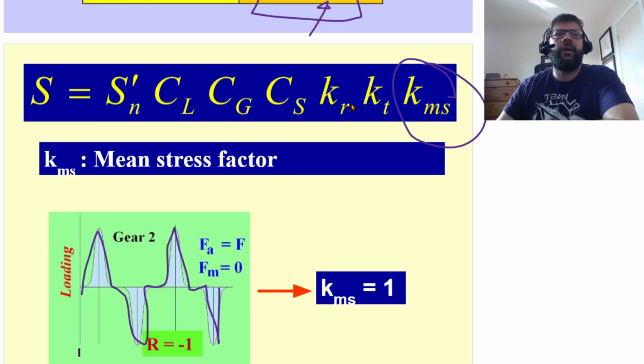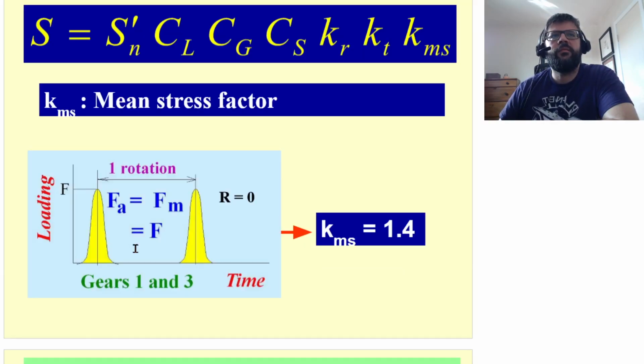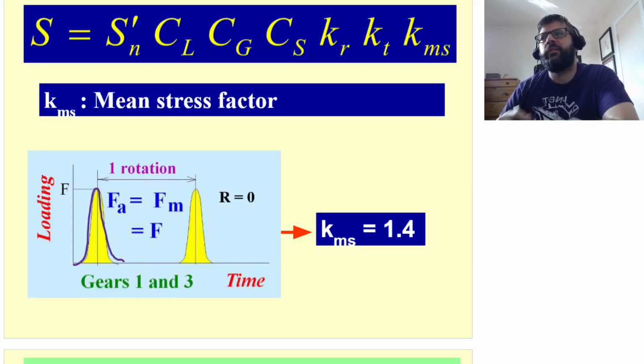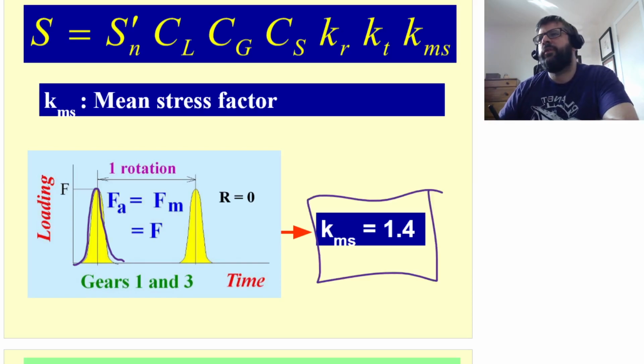So if it is an idler gear, then we use 1, and if it is not an idler gear, so that the stress level only spikes and doesn't get compressed, then we basically artificially bump up the strength of the material by 1.4.